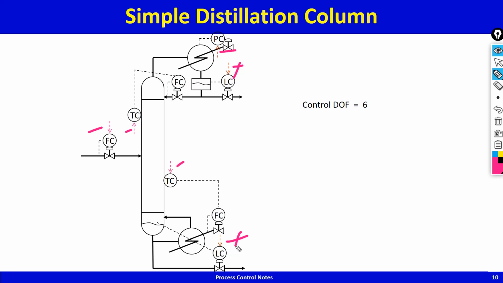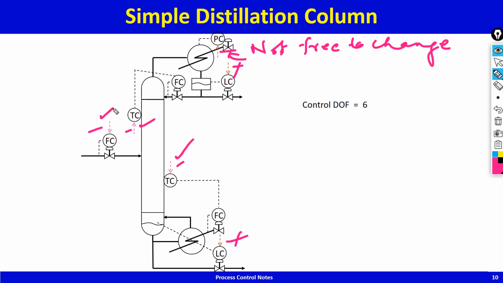This has an effect on the steady state. However, you are not free to change. The column is supposed to operate at its design, not free to change. So therefore, it's a degree of freedom, and yet you're not free to change it, so you're not going to count it. That leaves you with the remaining 3, this guy, and this guy.